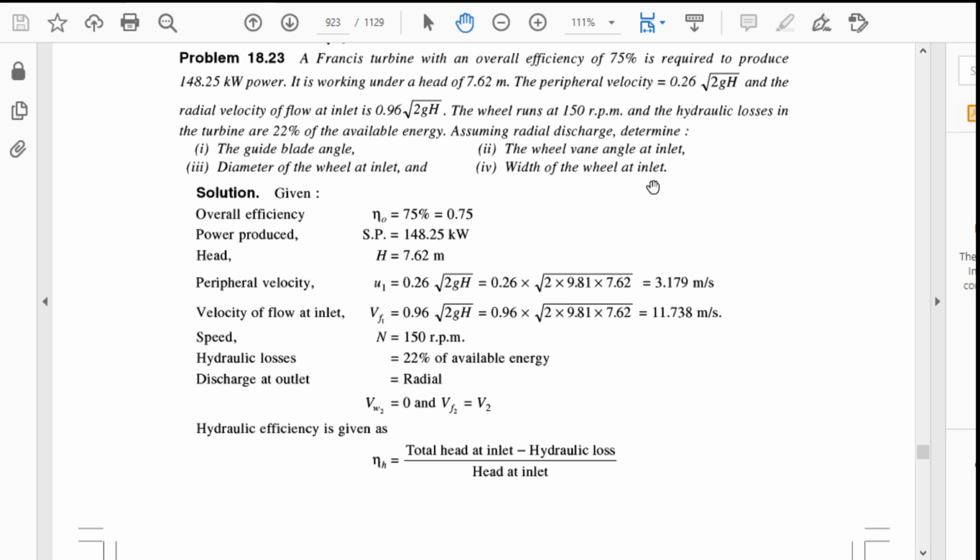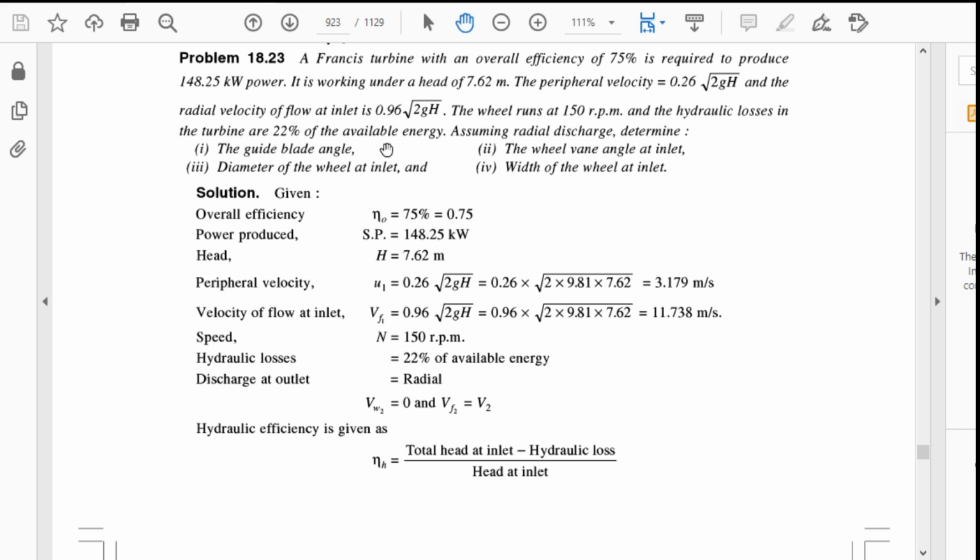Now first you have to find out the guide blade angle, which is nothing but alpha. Wheel vane angle at inlet is nothing but theta. Diameter of wheel at inlet is D1, and width of wheel at inlet is B1.